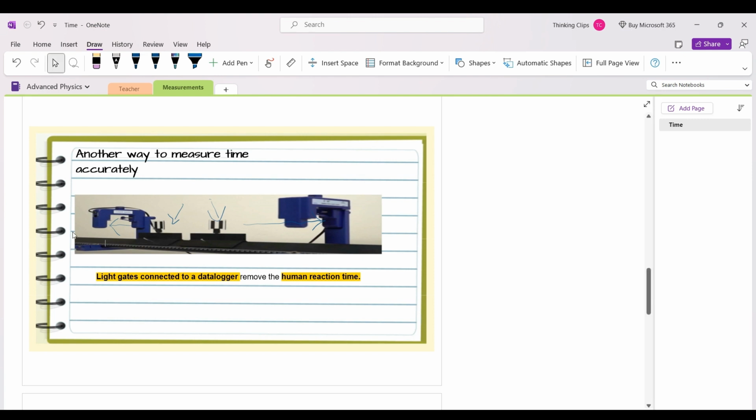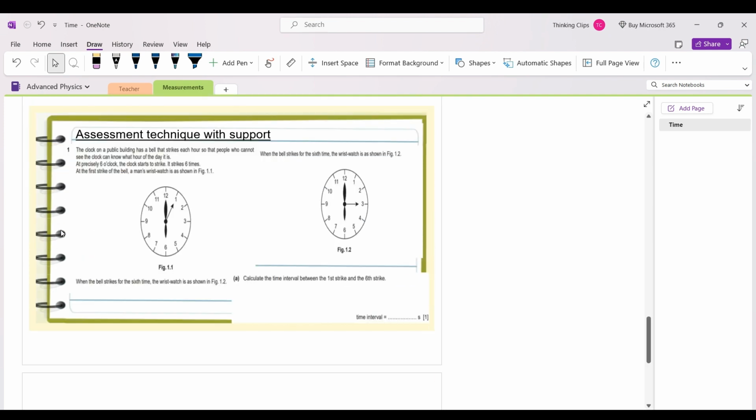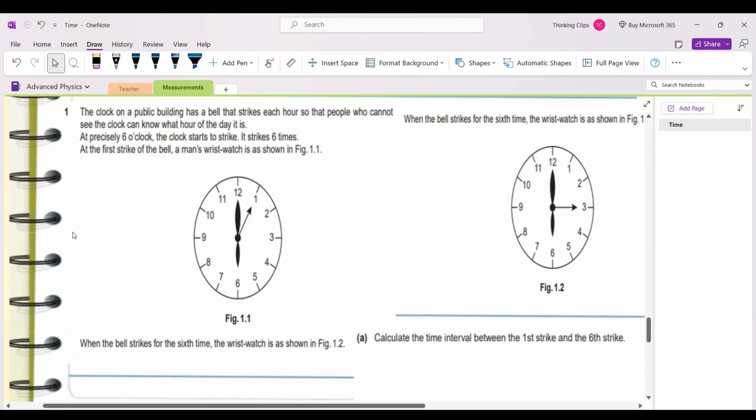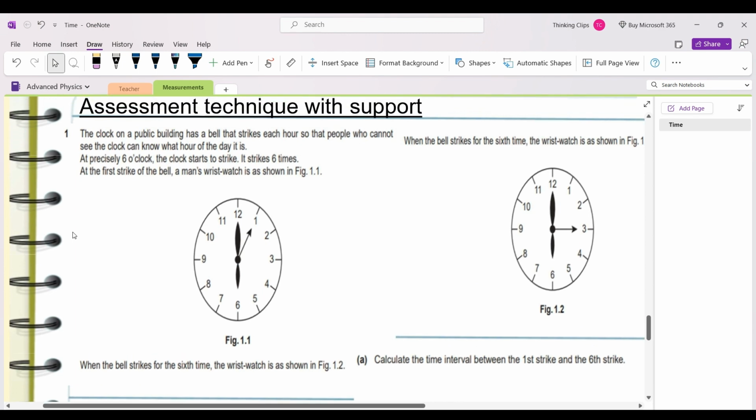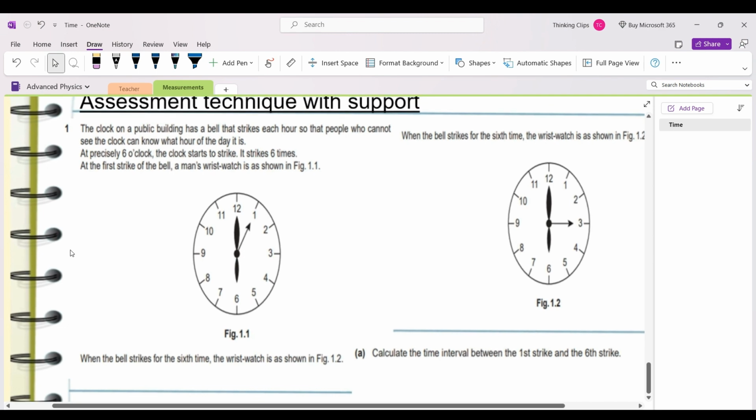So let's just finish off with a typical exam question about time, which I'd like to thank Cambridge examination board for. Okay, so this is an old Cambridge question. Let's have a look at what was asked in this one.